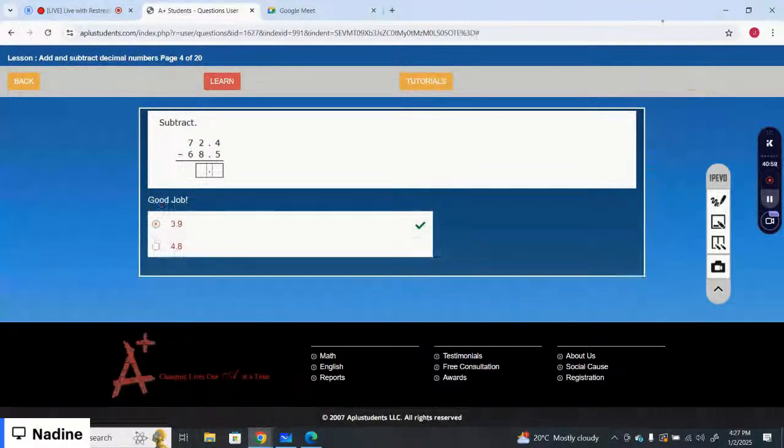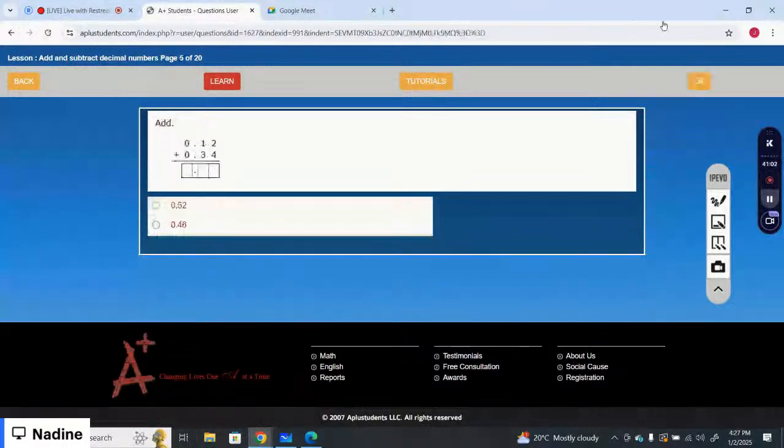Very good. 0.12 plus 0.34. That is 0.46. Option number 2 is the correct option.